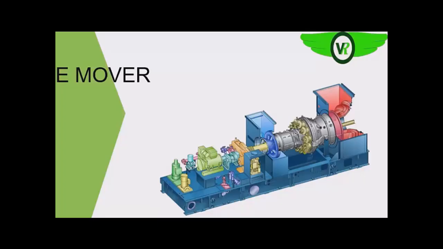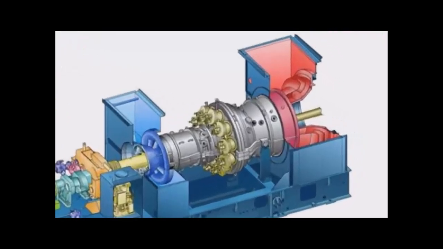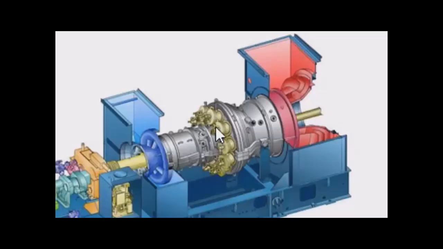What happens is that air is drawn into the turbine through the compressor section, and that air is compressed. The compressed air is then sent into the combustor, where fuel is injected into it. The mixture of compressed air and fuel is ignited in the combustor.